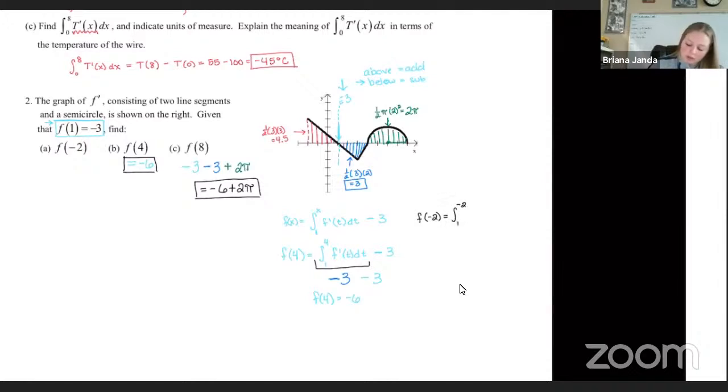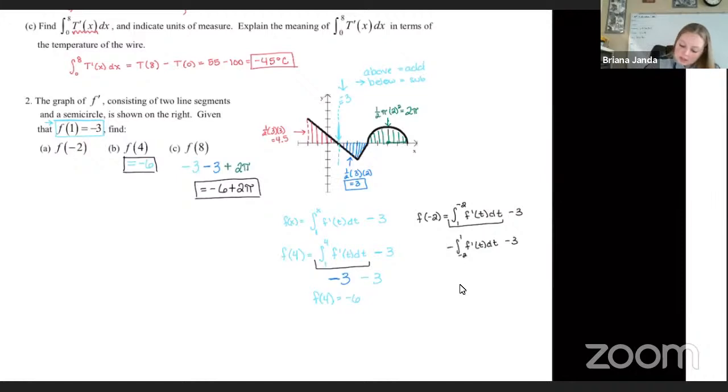And we don't want to integrate backwards. And so the first thing that we would do is we would deal with this by flipping and going from negative 2 to 1, and that would move that negative out front. We can always flip the order of integration by putting a negative out front.